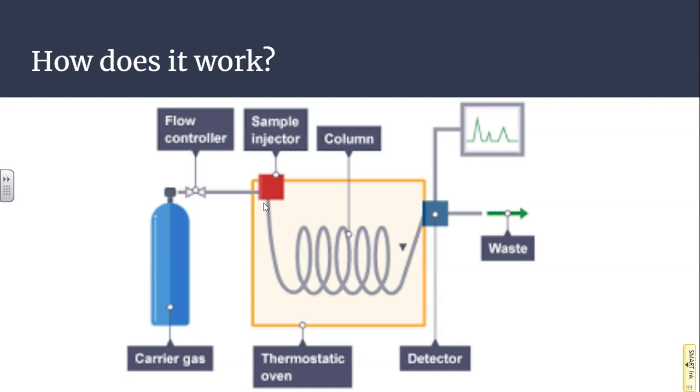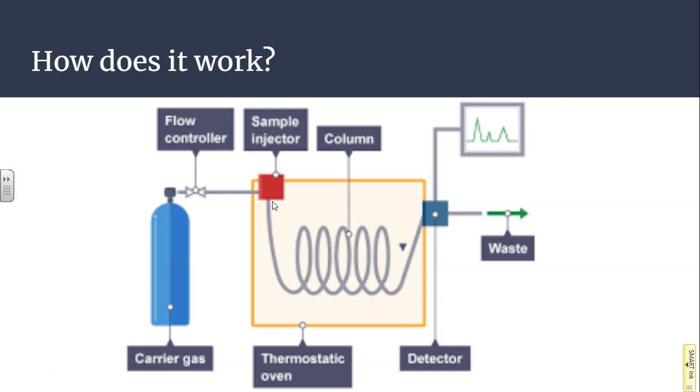And again, this column is very, very small in diameter. So you're really only having maybe a few micrometers of width of compound going through the column at once. So you don't really need much in the way of a sample to do GC.